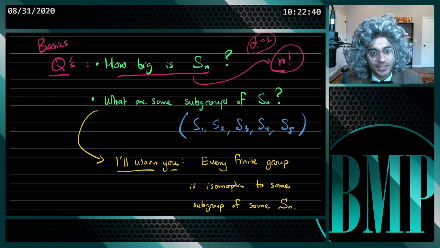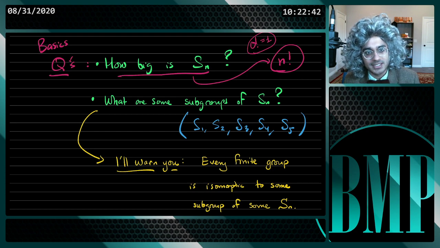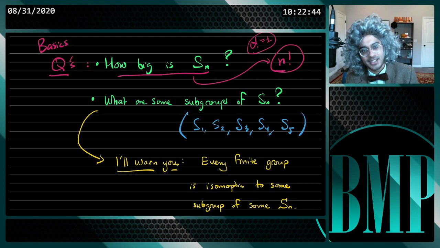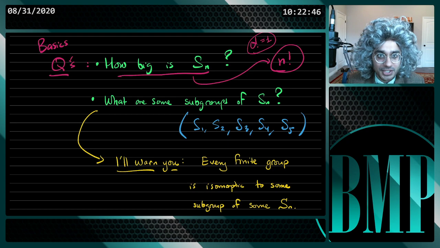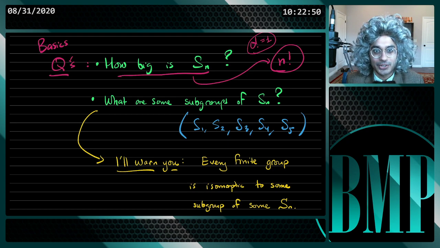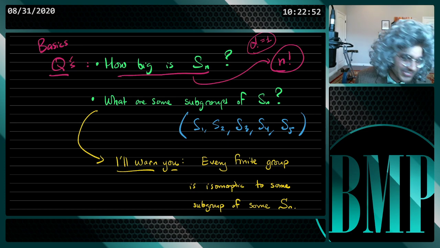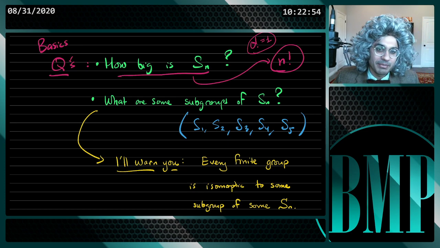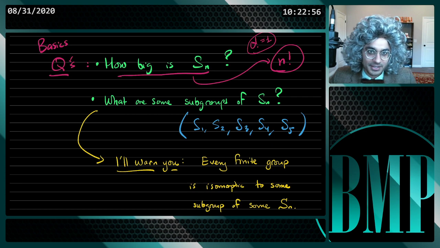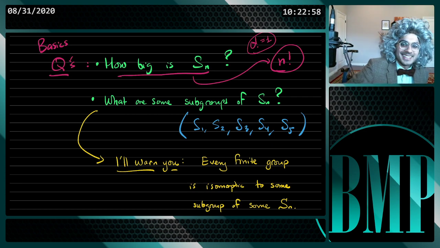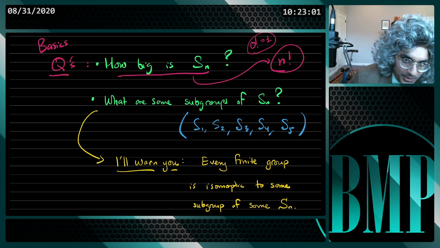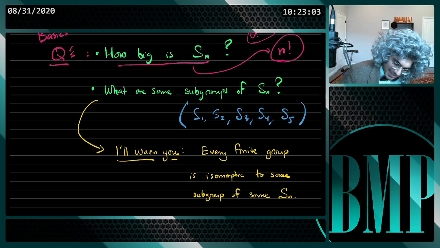So if you think of n factorial as the cardinality of Sn, it gives you a bijective proof for why 0 factorial is 1. All you have to believe in is the empty set as a set, but that's why 0 factorial is 1.